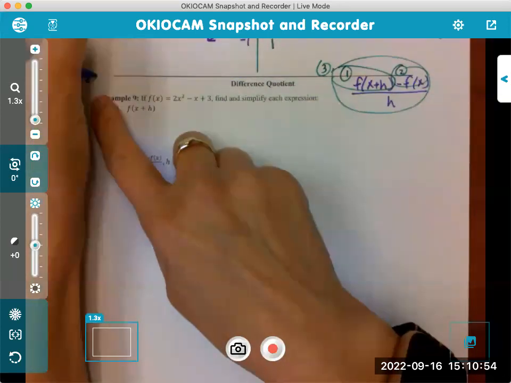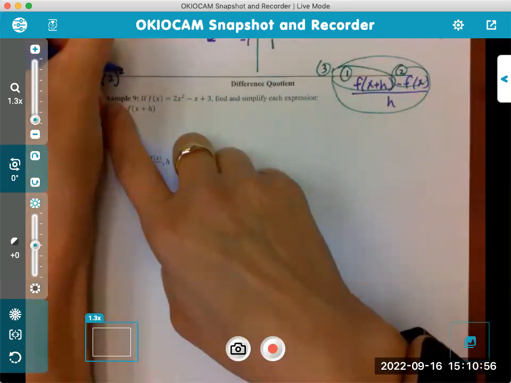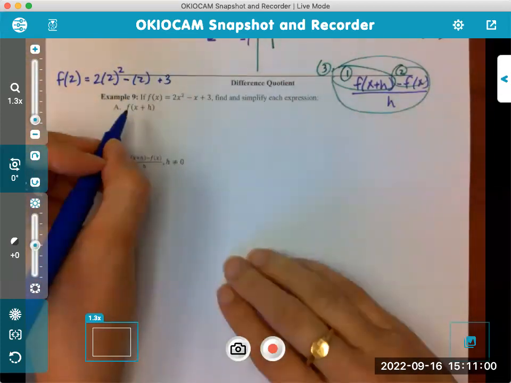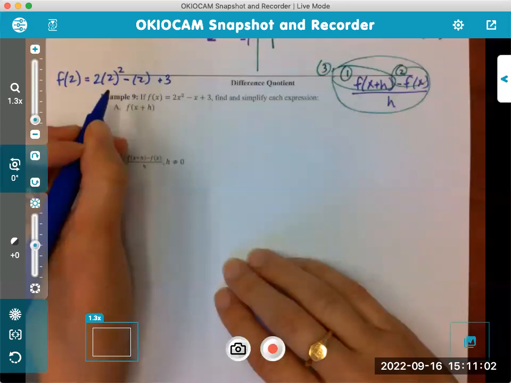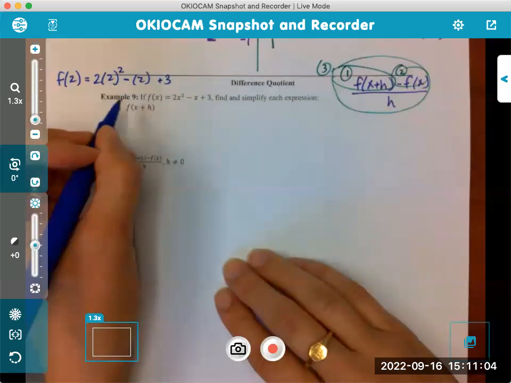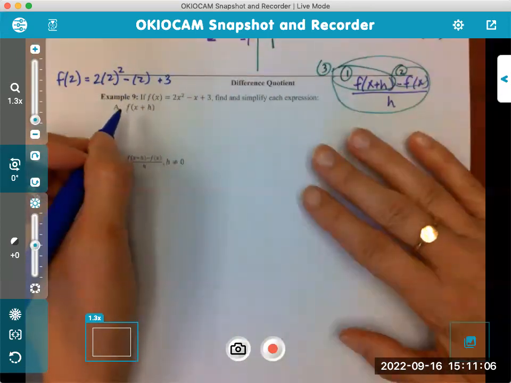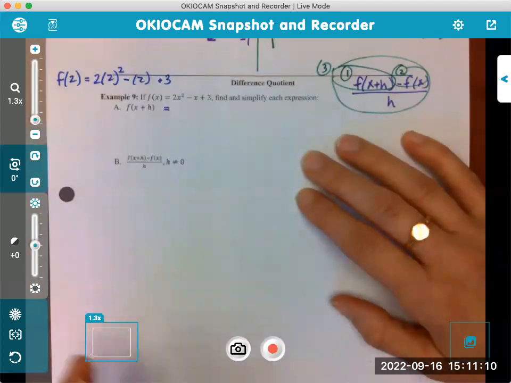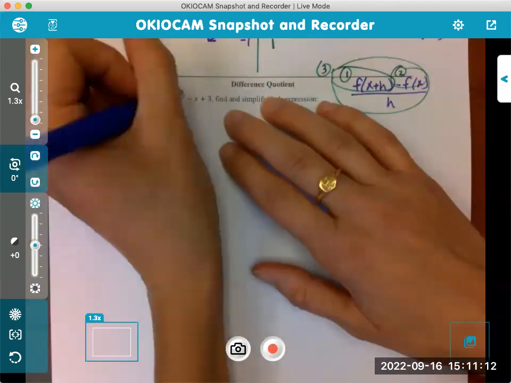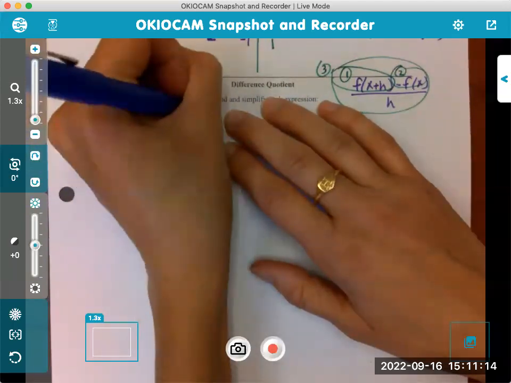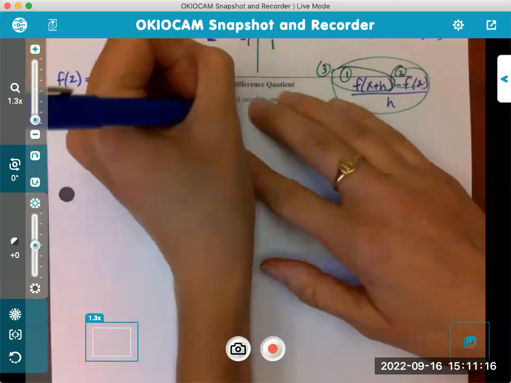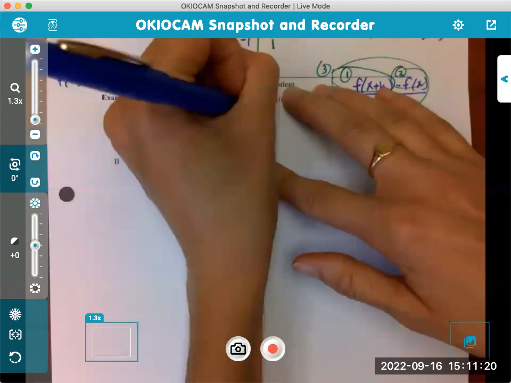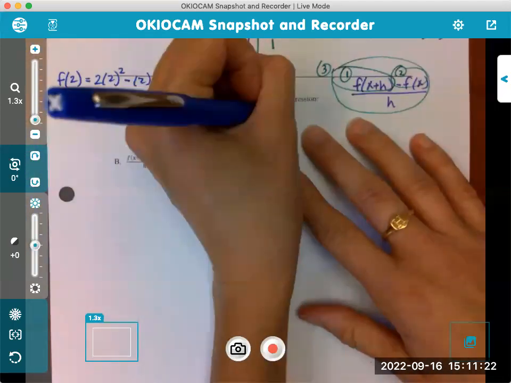If f of 2 says 2 times 2 quantity squared minus 2 plus 3, then we are doing the exact same thing, but instead of where we substituted in our 2's, we're now throwing in the entire expression x plus h. So this is 2 times x plus h, quantity squared, minus x plus h, all plus 3.